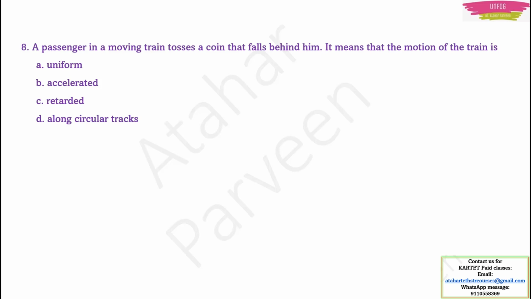That coin will fall behind him. Now with this situation, you have to tell whether the motion of the train is uniform, accelerated, retarded or along circular tracks. Uniform it can't be, because if it was uniform, that coin would fall there only. Correct? Along circular tracks also it will not be, because that will be another scenario. Either it should be accelerated or it should be retarded.